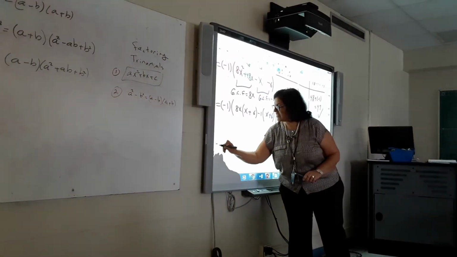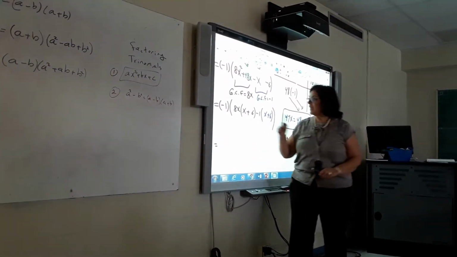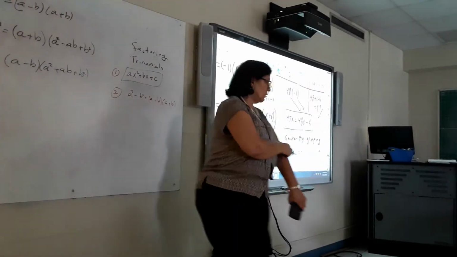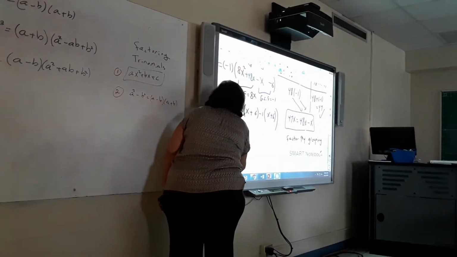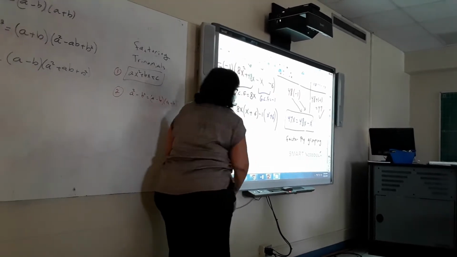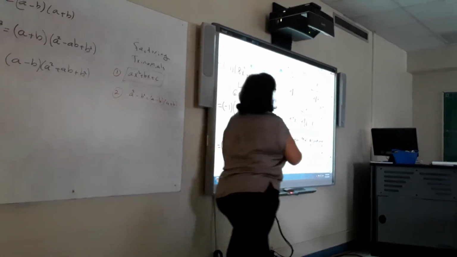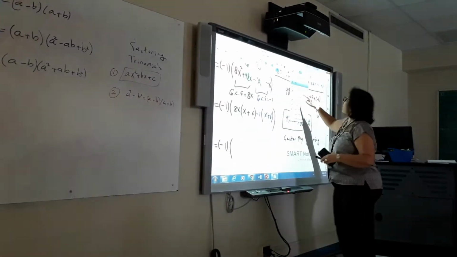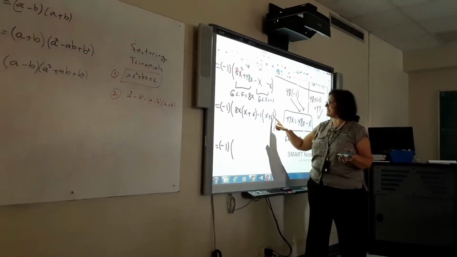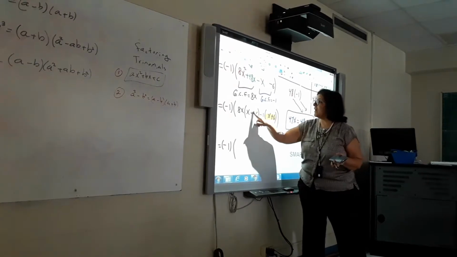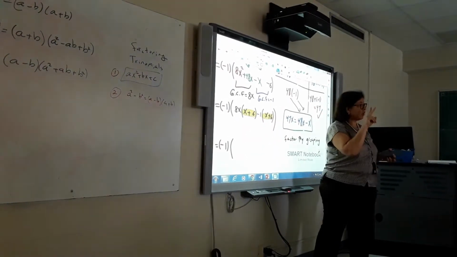So now, which is equal, -1 in here, outside. We know that x plus 6 is a common what? Factor, which in this case is going to be a binomial because it's 2 terms.